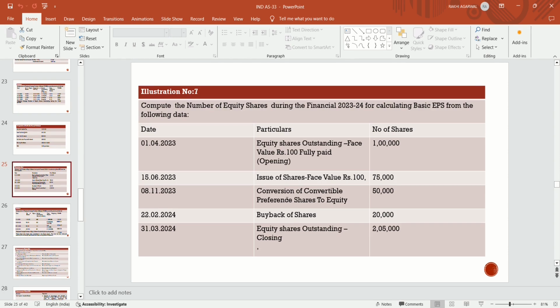Compute the number of equity shares during the financial year 23-24 for calculating basic EPS from the following data. On 1st April 2023, the number of equity shares outstanding, with face value of 100, the opening balance is 1 lakh shares. On 15th June 2023, they issued shares of rupees 100, that is the number of shares issued is 75,000.